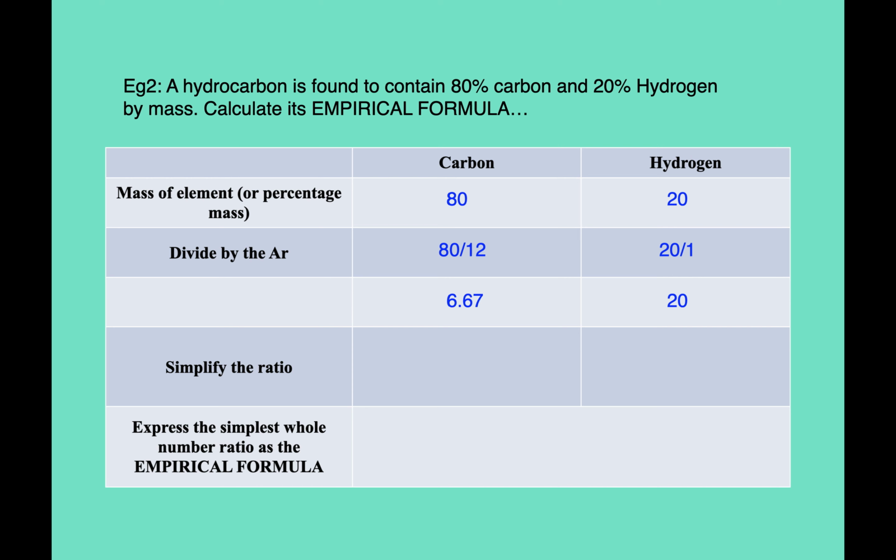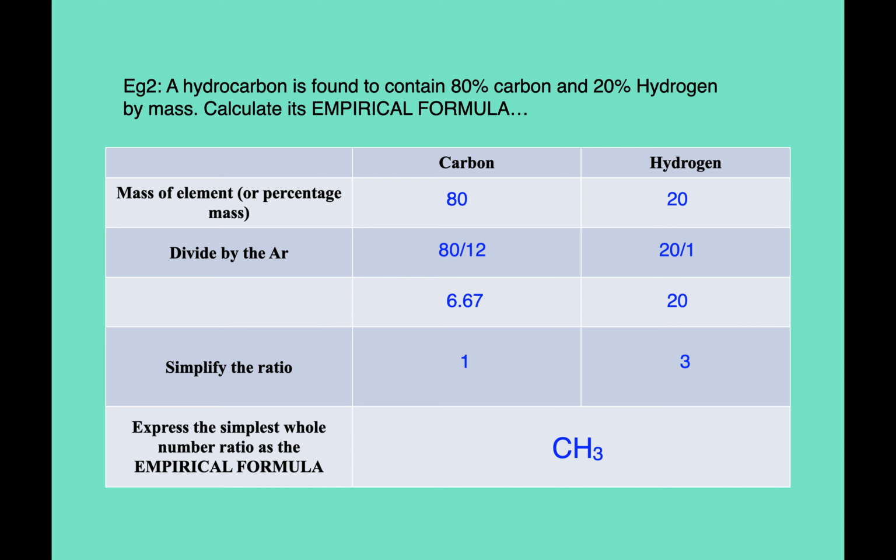One of the ways that you can simplify a ratio, I'm not here to teach you maths, but I'll make sure you understand how to do it: one of the easiest ways is to divide by the smallest number. Which of these two is the smallest? 6.67. So divide 6.67 by 6.67, you get 1. And if you divide 20 by 6.67, you get 3. So divide by the smallest number. It's a little mathematical trick. Carbon, hydrogen, 1 to 3. So the empirical formula is CH3.